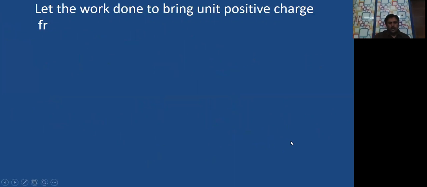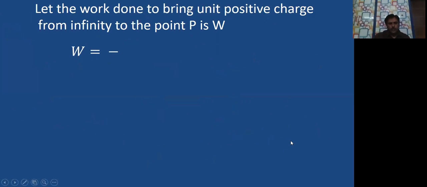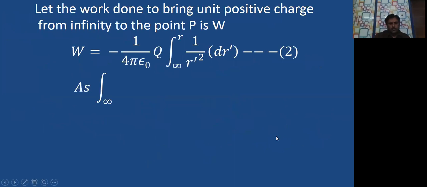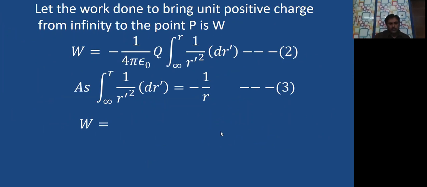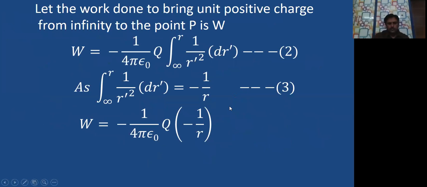So this we already saw. As infinity to r, the integral of 1 by r dash square is minus 1 by r. If I substitute this here, you see the substitution, children. This integration substitution is minus 1 by r.